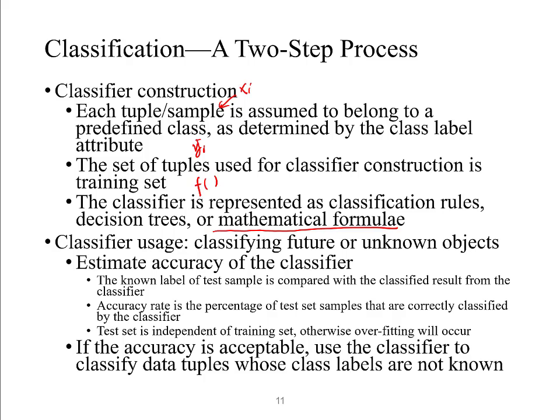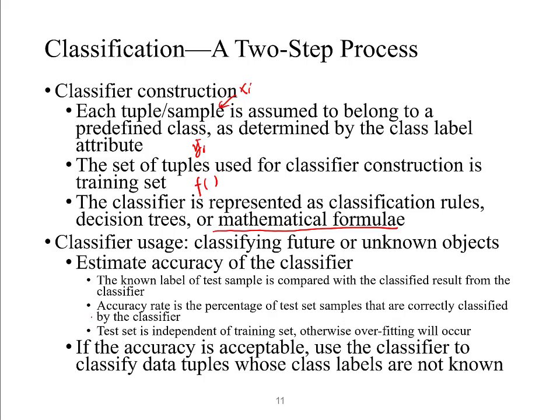And for the classifier usage, you classify future or unknown objects. And also we need to estimate the accuracy of the classifier. In order to do that, the known label of a test sample is compared with the classified result from the classifier, and the accuracy rate is the percentage of test set samples that are correctly classified by the classifier.